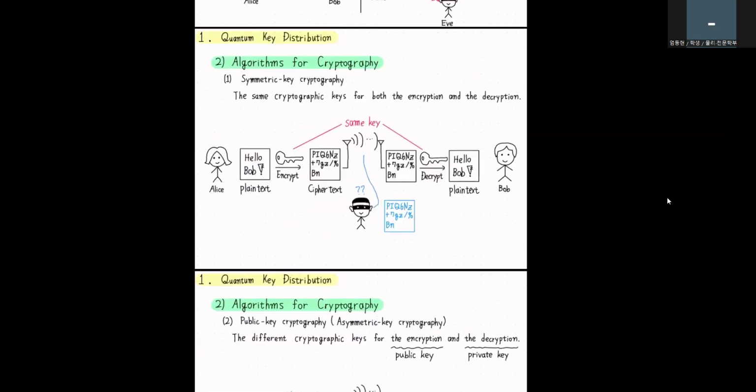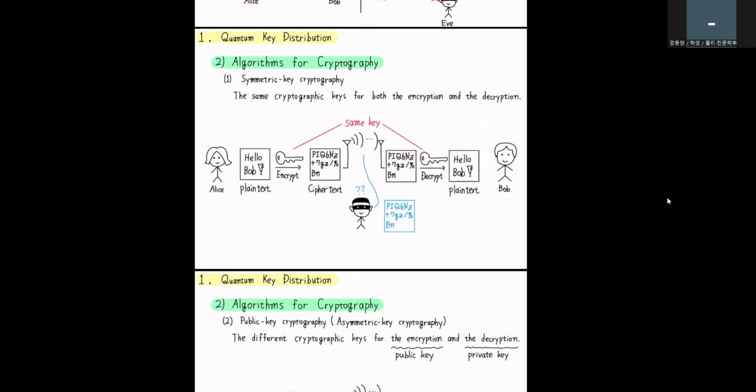So one approach to this problem is called symmetric key cryptography, which means that we use the same cryptographic keys for both encryption and decryption. A key is basically information that is used to encode or decode, encrypt or decrypt a message.